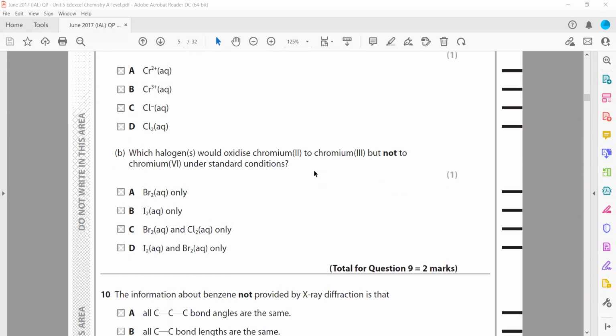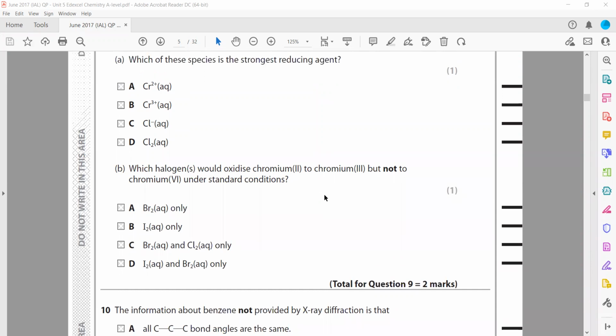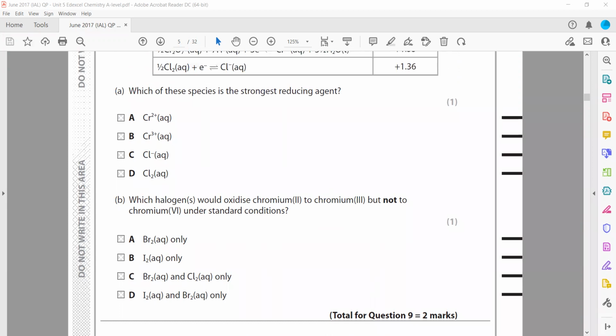In part B, which halogen would oxidize chromium 2 to chromium 3 but not chromium 6 under standard conditions? So we have to check the electrode potentials here.